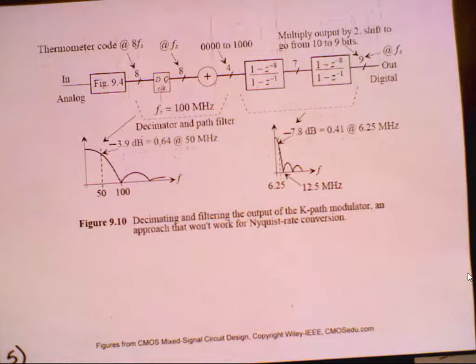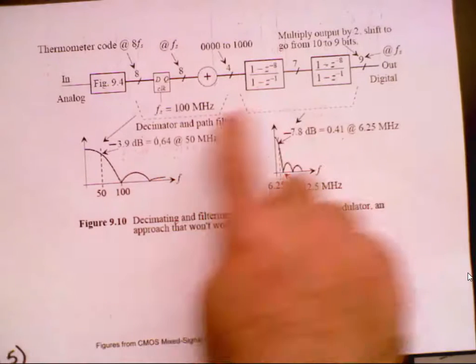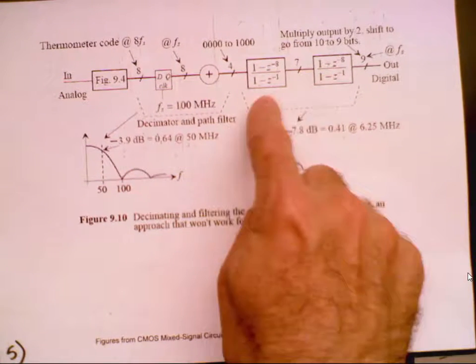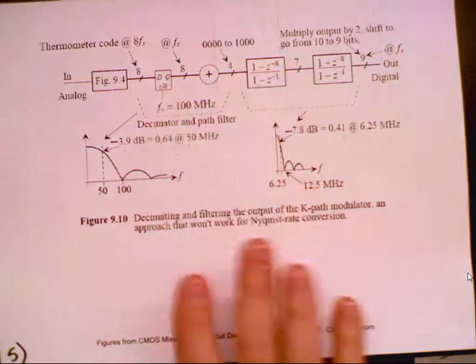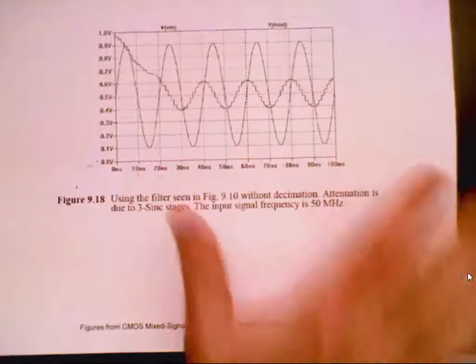What does that mean? If I'm not decimating, what am I doing? Well, I'm doing serial mode, but I'm also not lowering the clock frequency in these stages. And if I do that, of course, all the simulations are available online, I get something that looks like this.